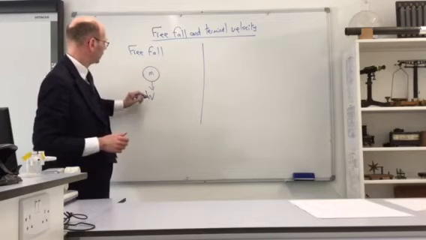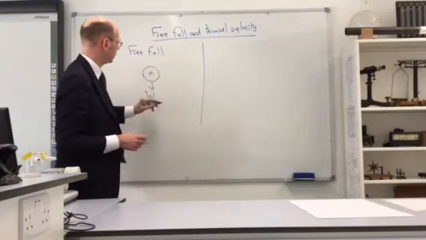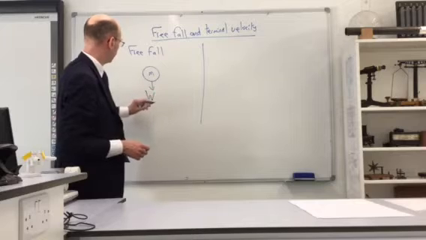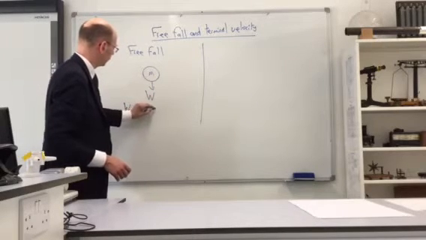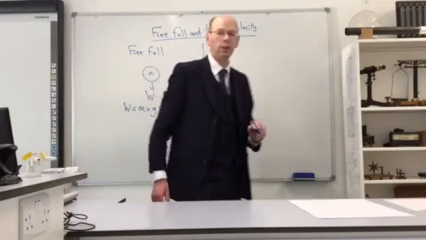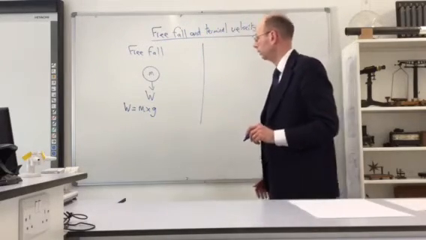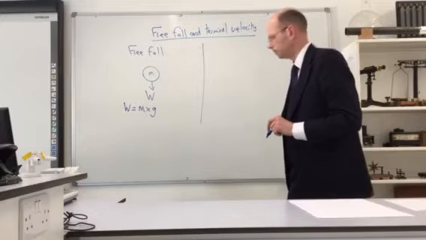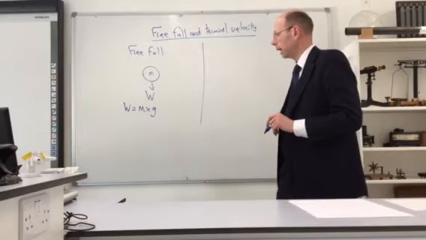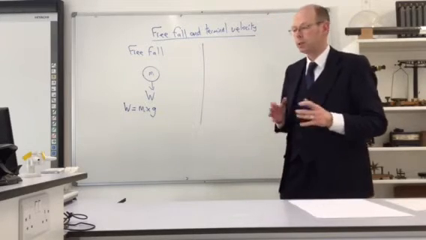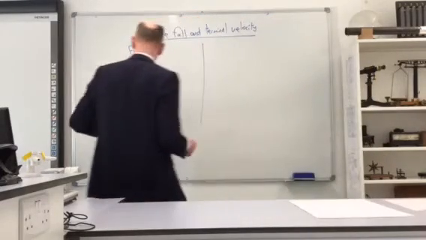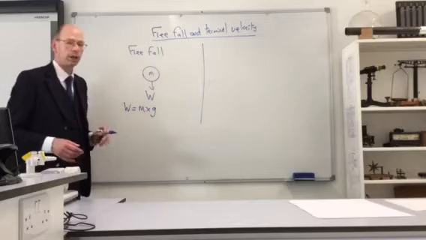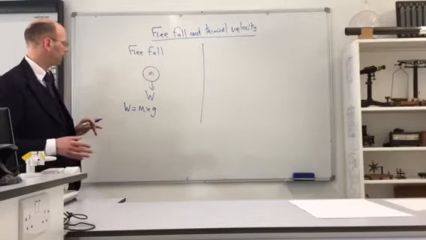So it's freely falling. Well, we know the equation for W. W is equal to m times g. Weight is equal to mass times gravitational field strength. We also know that Newton's second law tells us that force is equal to mass times acceleration, F equals ma.